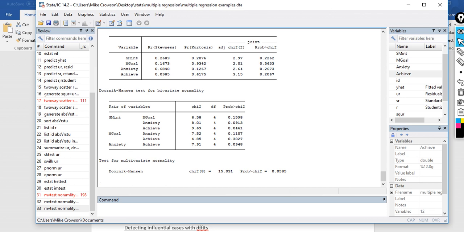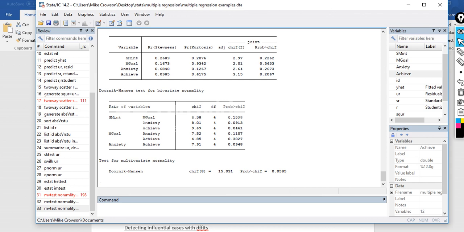In terms of bivariate normality, there might be some departure with respect to its relationship to subject matter interest, but not with anxiety or mastery goals. The multivariate test also wasn't statistically significant, but it was kind of in the near ballpark, I guess you could say.